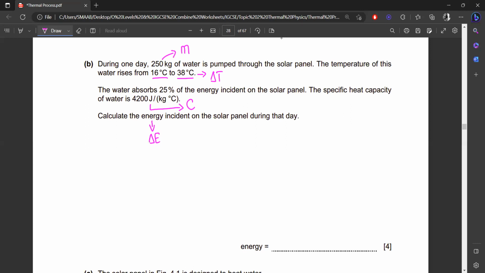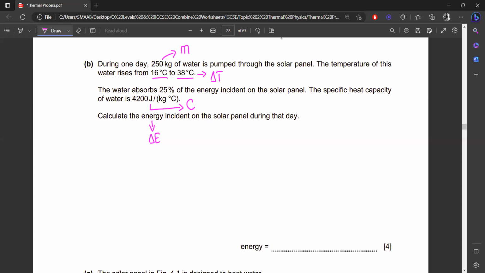So if we use the formula of specific heat capacity, that will help you to find out the energy incident on the solar panel during daytime, right?